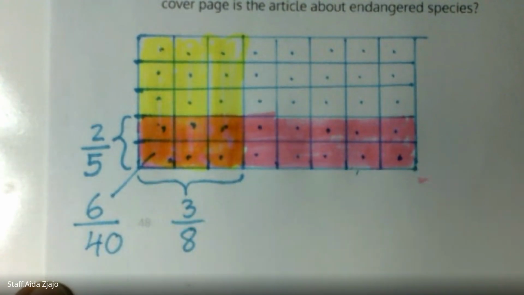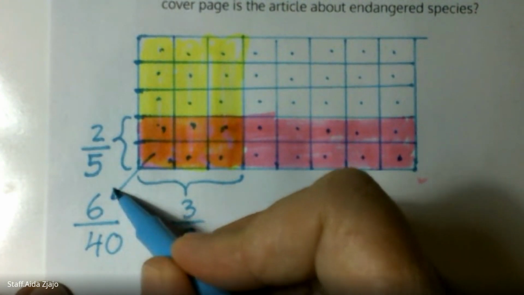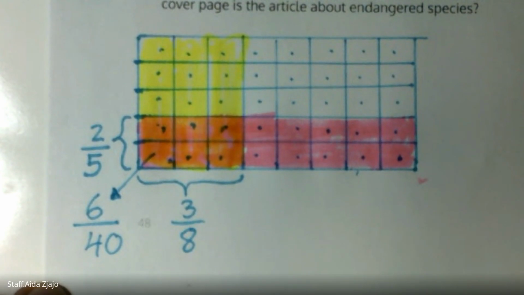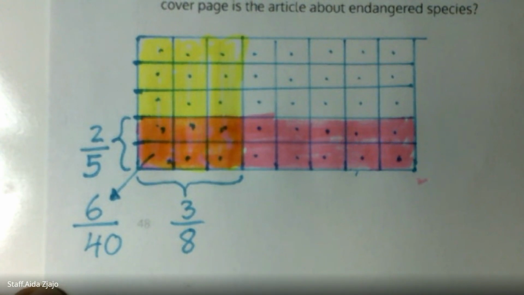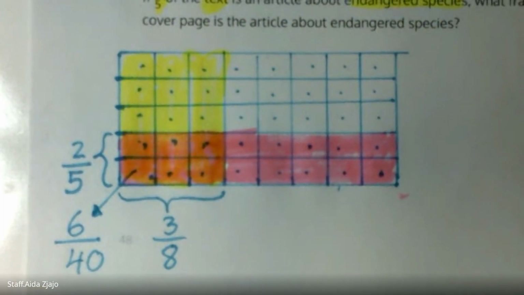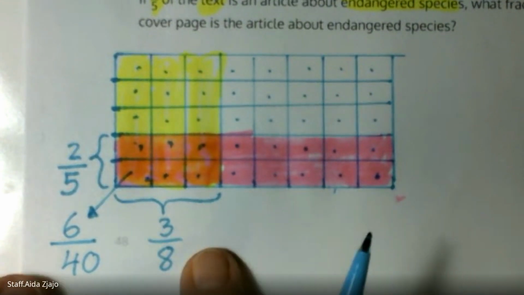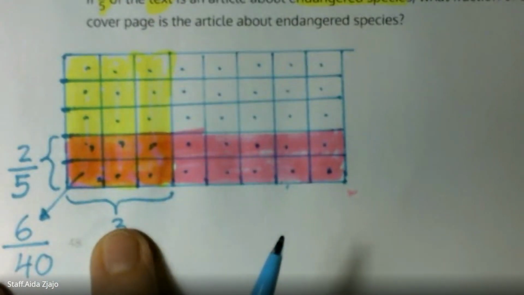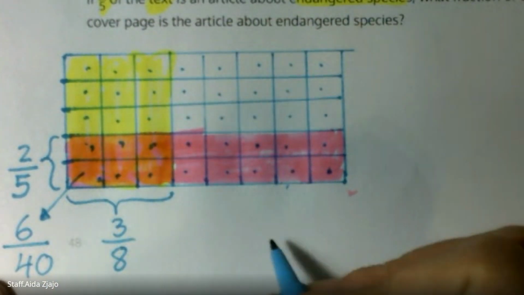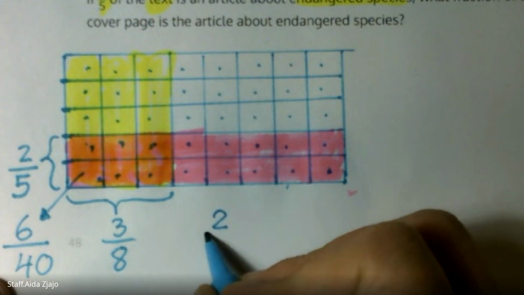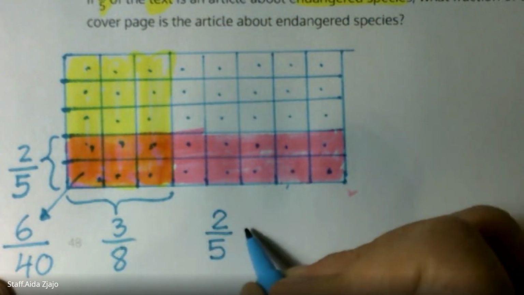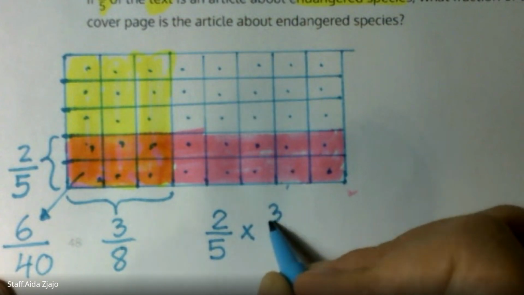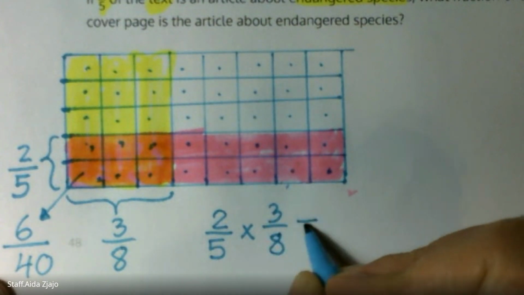So that is the answer on this multiplication problem: 6/40. How to show that mathematically? We had 3/8 and we needed 2/5 of this. So when you do the math, you can say we were looking for 2/5 of 3/8.